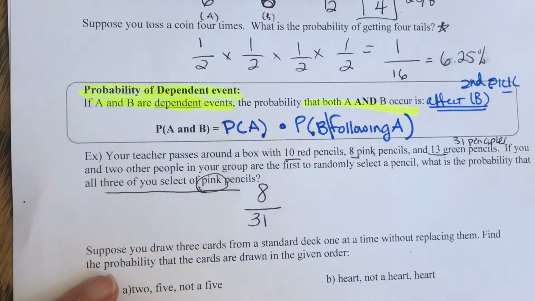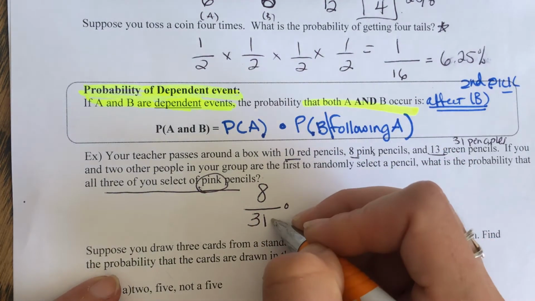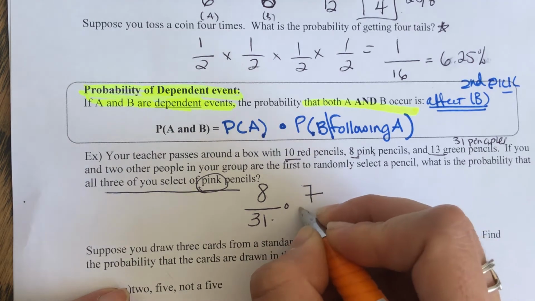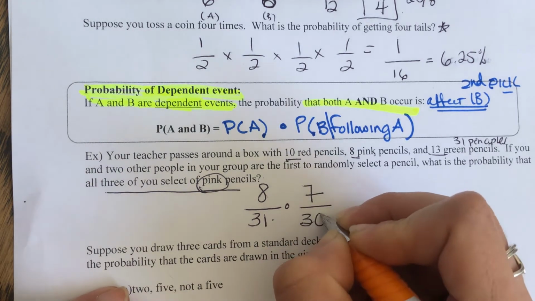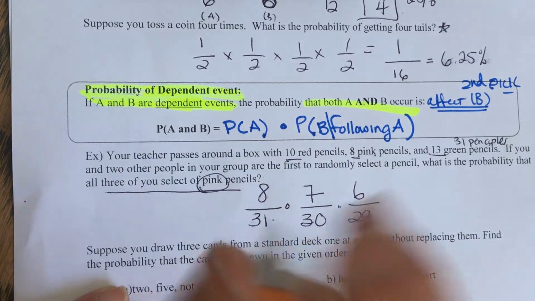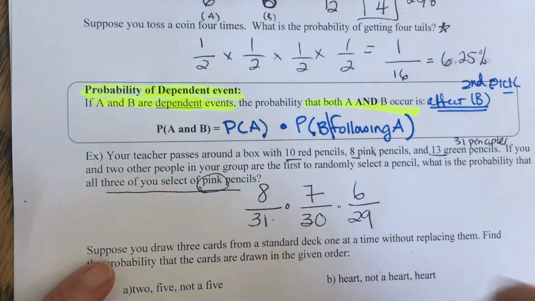Now, you picked that pencil, so here is where you multiply by the probability of B following A. Because I picked a pink, you have 1 less pink, and you have 1 less pencil. And then the same thing, 1 less pink, 1 less pencil. The huge difference, again, is that 1 is less. These were independent, this is dependent.